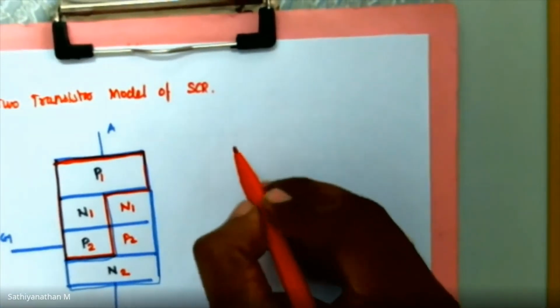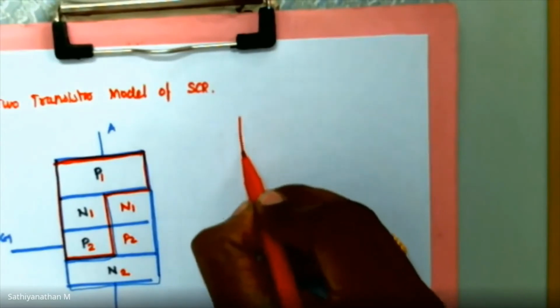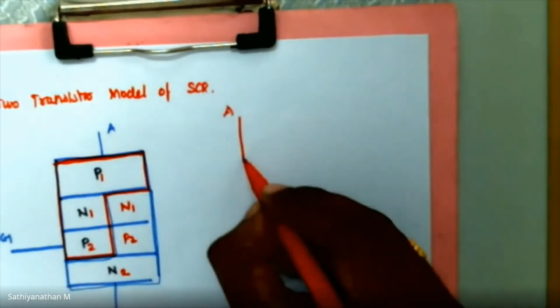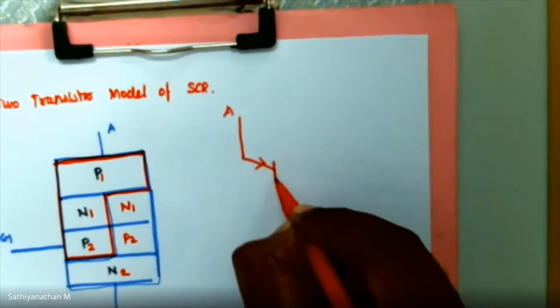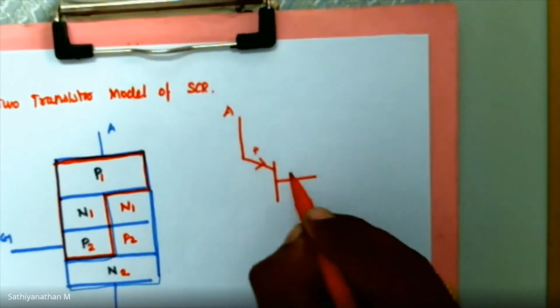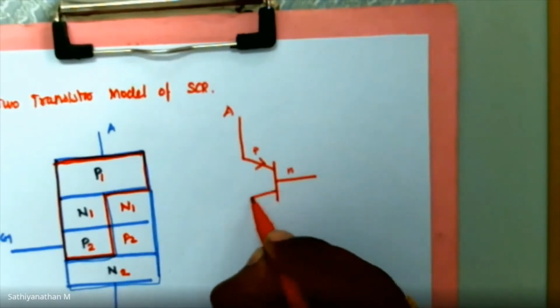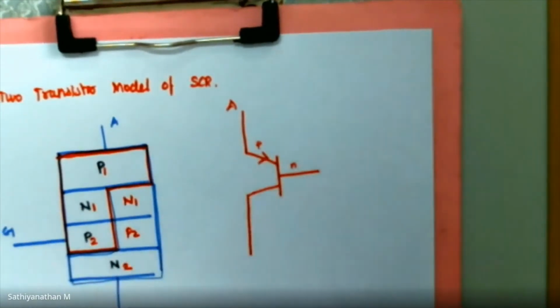If you draw the equivalent circuit of this structure, this is your anode, this is your PNP transistor: this is P, this is N, this is P, and this is N. Again, you have this P. In P2, you have a gate terminal.